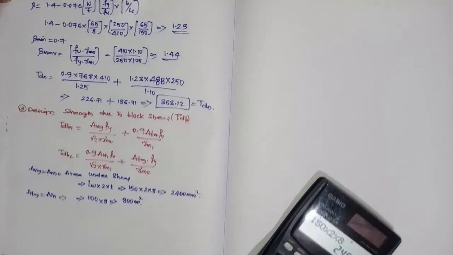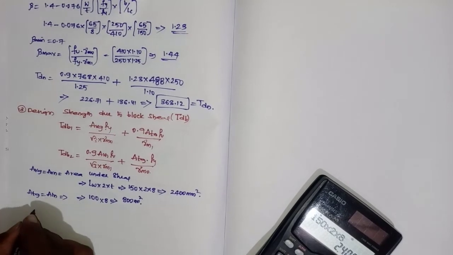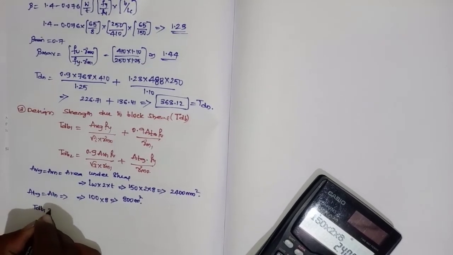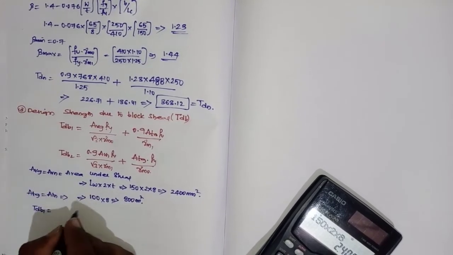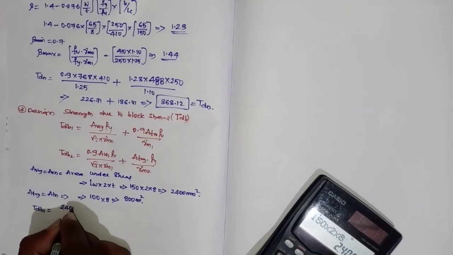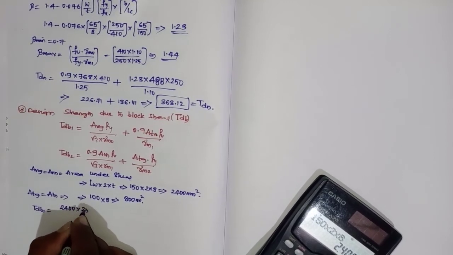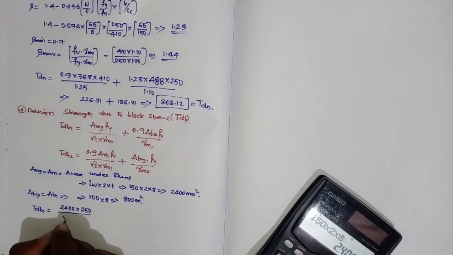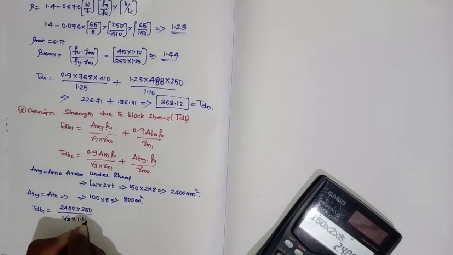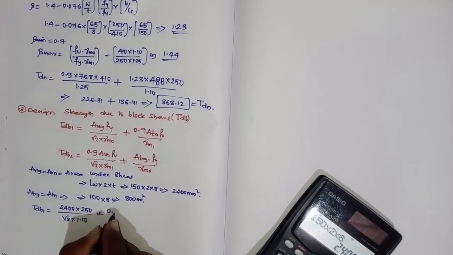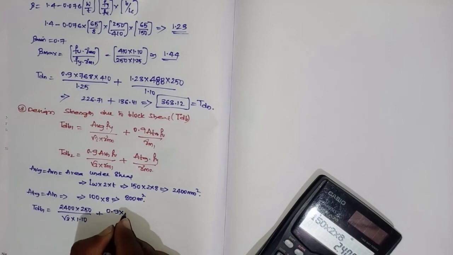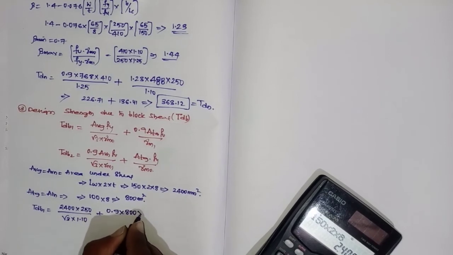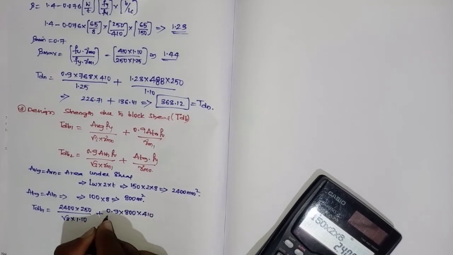Okay, now first we'll do TDB1. What is AVG? 2400 into 250 divided by root 3 into 1.10 plus 0.9 into what is ATN? 800 into 410 divided by 1.25.